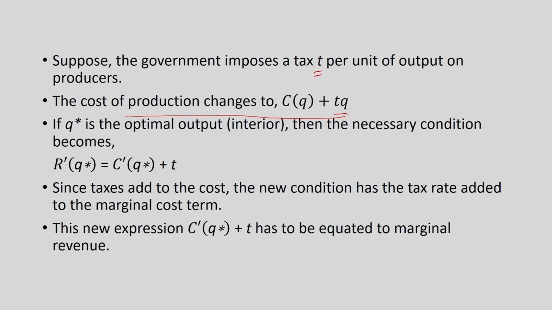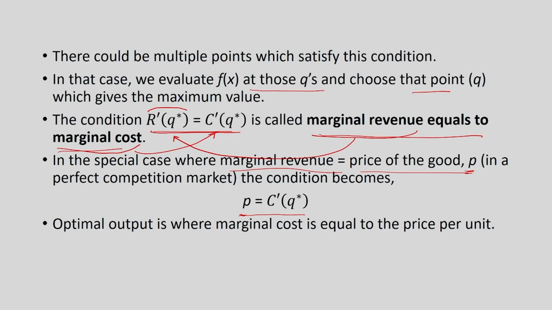Now, like before, if Q star is the optimal output, which is an interior point, then the necessary condition becomes this. Notice it is similar to the previous condition. What was the previous condition? R dash Q star is equal to C dash Q star.